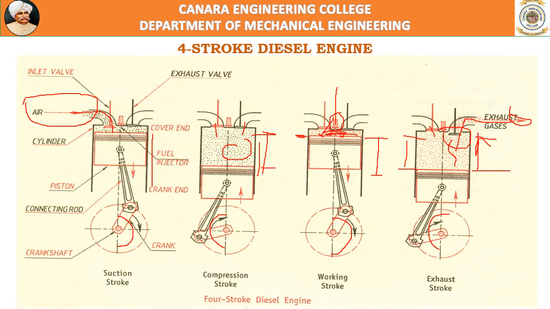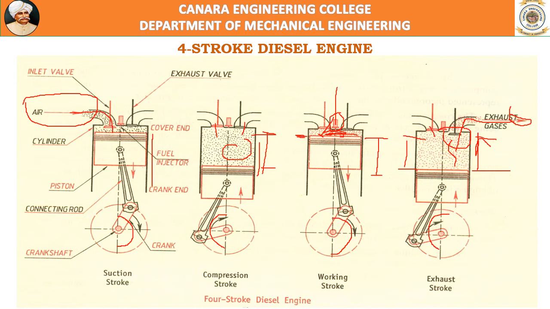Therefore, to complete one cycle, it takes 4 strokes: suction, compression, power, exhaust, and during which the crank makes two rotations. The piston makes 4 strokes to complete one cycle. Therefore, this is a 4-stroke engine, and it works on the diesel cycle.